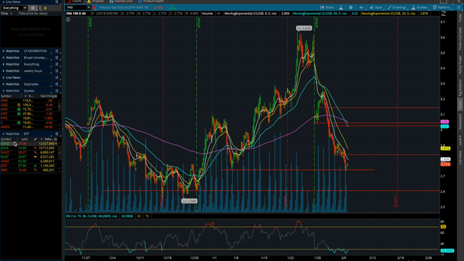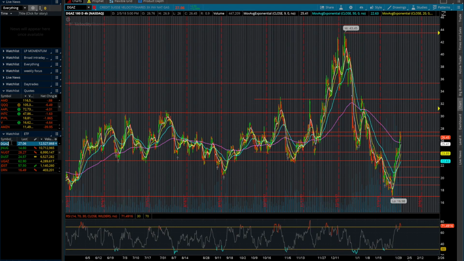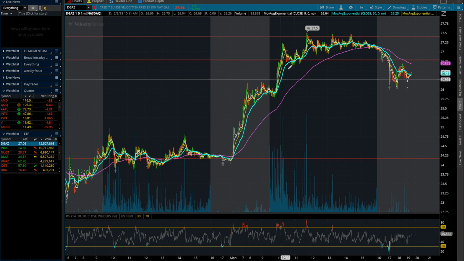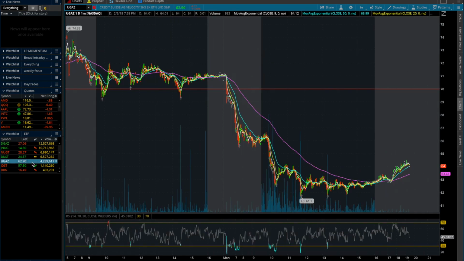For most of these ETFs, they move on average 5 to 10% day to day, and either the inverse or the regular one is going to move that way. So the hardest part is finding which one is going to move 5 to 10%, and then trading that one. Looking at both UGAS and DGAS day to day, one will move around 5 to 10% and the other will drop 5 to 10%.